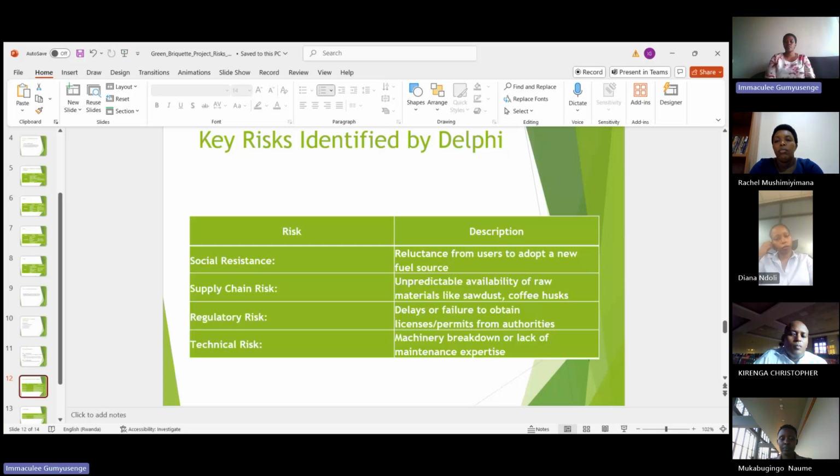Social resistance is the reluctance from users to adopt a new fuel source. Supply chain risk is the unpredictable availability of raw materials like sawdust and coffee husks. Regulatory risk is the delay or failure to obtain licenses and permits from authorities. Technical risk is machinery breakdown or lack of maintenance expertise.